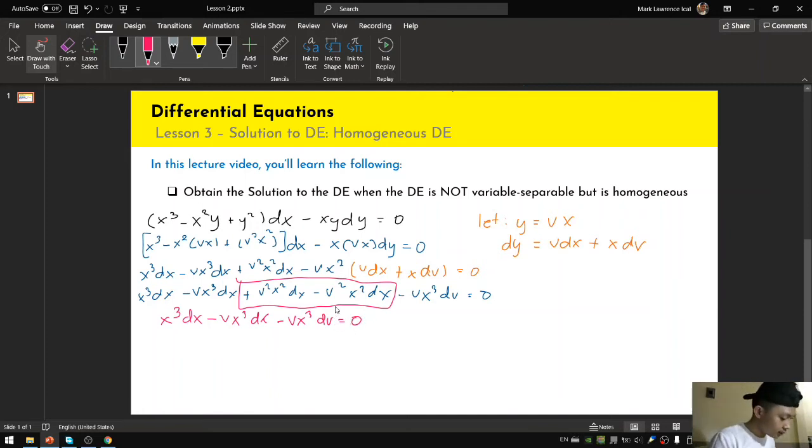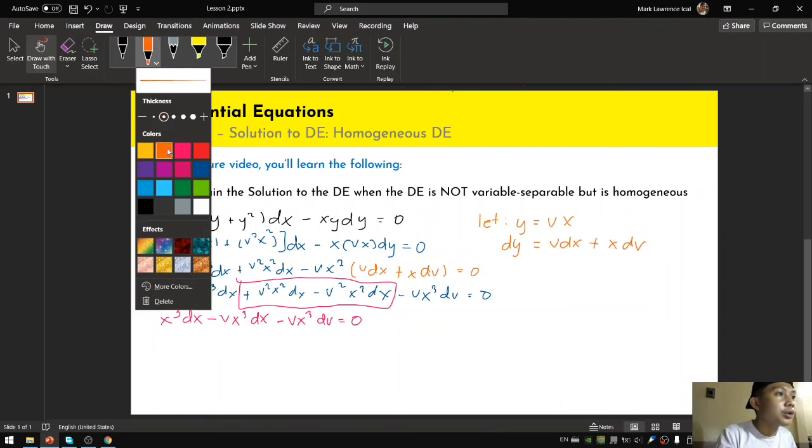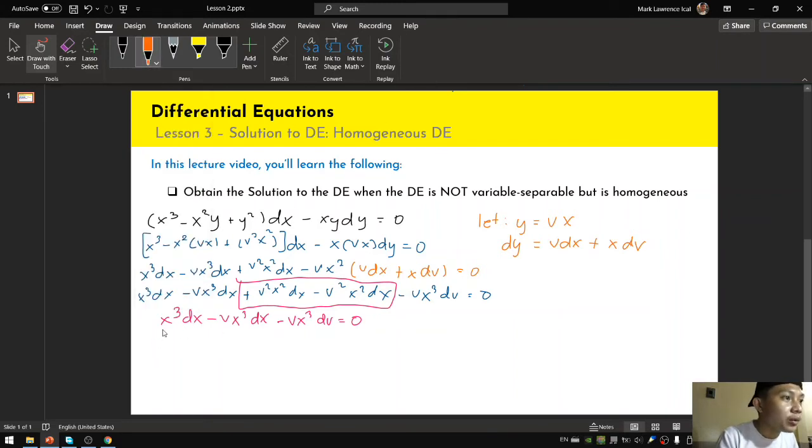So what's the next step? Okay, so separate. Can we separate this one? Oh yeah, we can separate them. So what I see is this. Next, we're going to perform the variable separable. Now, if you can remember, what's interesting is that if you can separate it, then it's homogeneous.